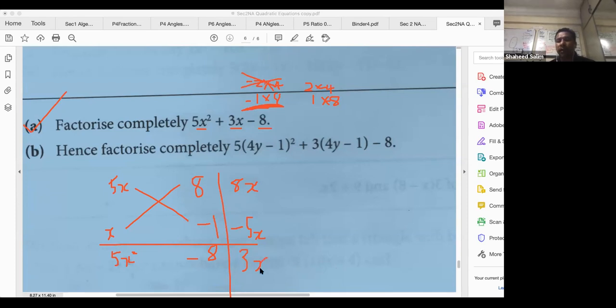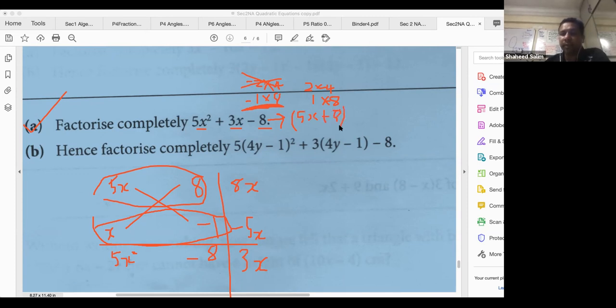And she is correct. So 5x plus 8, x minus 1. This is the factorized version. Congratulations. So I repeat, this one now is 5x plus 8, and then x minus 1.